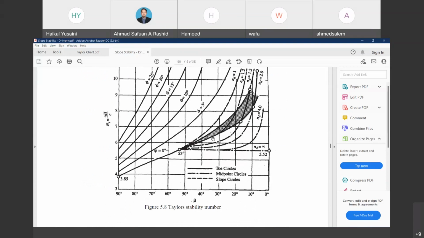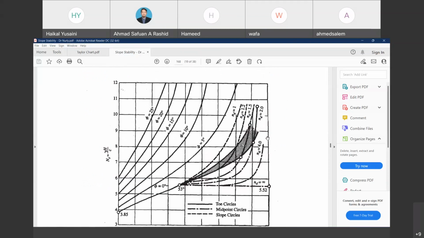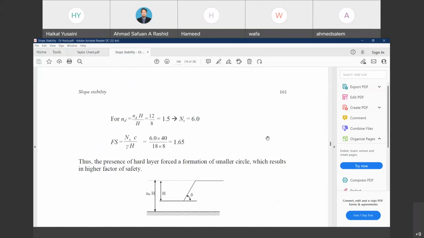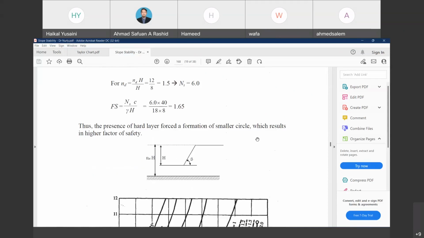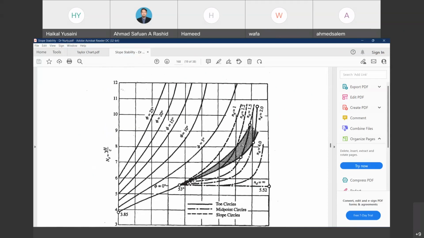Then move to the right, to the y-axis, to determine the stability number. So the stability number is equal to 6, around here, which is 1.5.